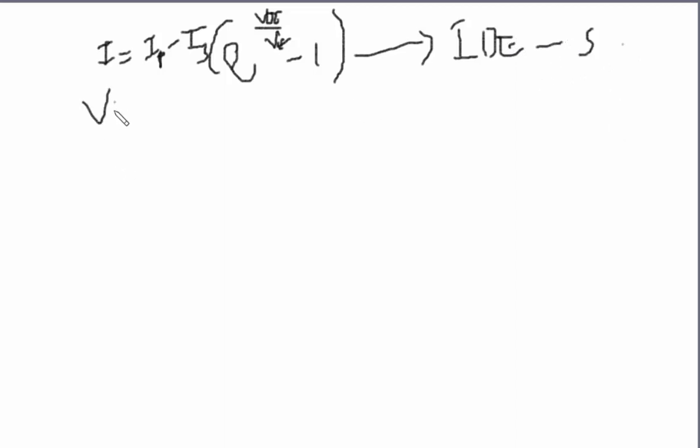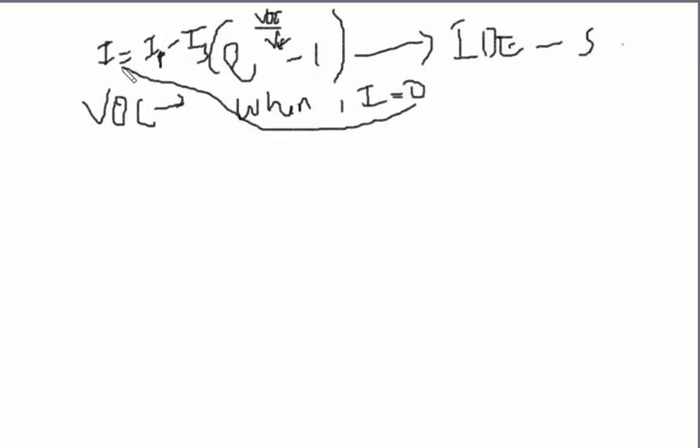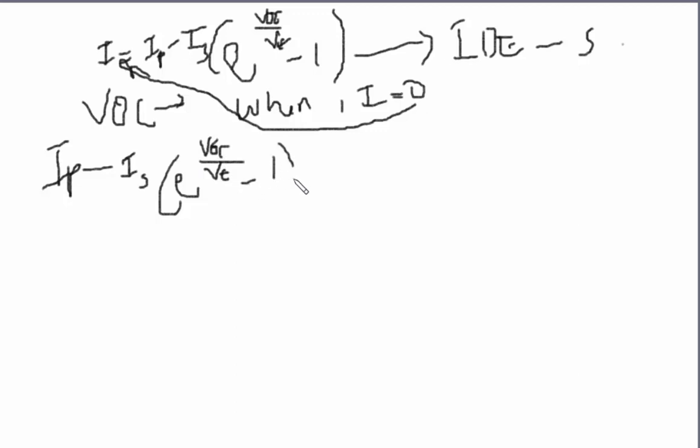So what is VOC? VOC is the voltage when I get maximum voltage, and the current should be 0. I will put this 0 here. Then my equation will become IP minus IS into e to the power of V, which I will replace by VOC, the open circuit voltage, divided by the thermal voltage VT, minus 1, equal to 0.